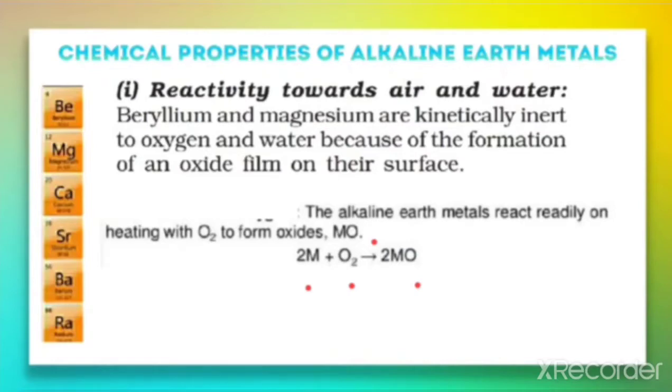But calcium, strontium and barium are also readily attacked by air to form oxide and nitride. This equation is a general equation for all the alkaline earth metals reacting with oxygen to form metal oxide. You can write a similar equation for magnesium: 2Mg + O2 giving 2MgO.